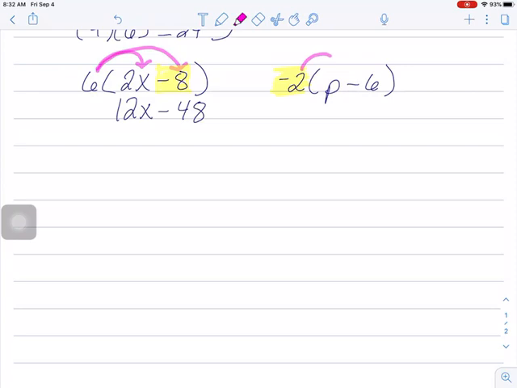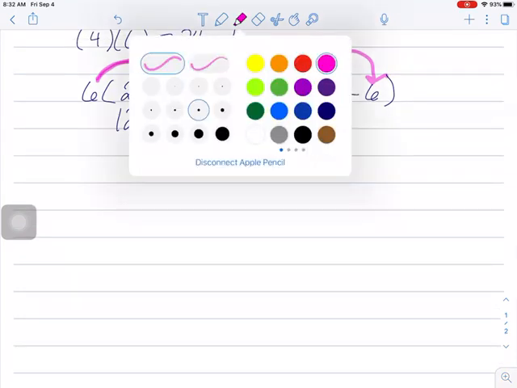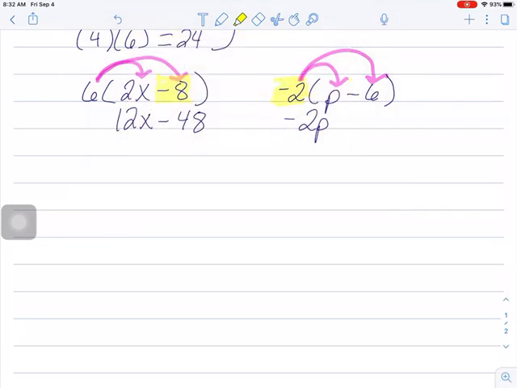So it would be negative 2 times p, which is negative 2p, and negative 2 times 6. Oh, wait, whoa. No, negative 2 times negative 6. And a negative times a negative is a positive.